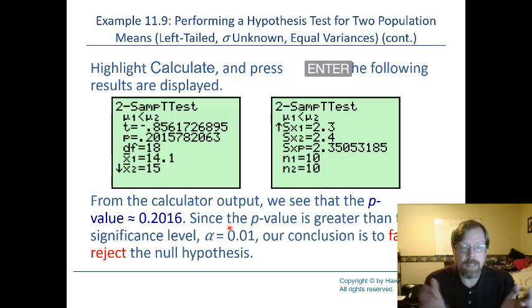So again, it's essentially the same calculation we've done, or very similar calculations to everything we've done before. It's a little bit more complicated in that we've got the pooled and not pooled variance versions of it. The pooled variance is really the new and different part, but very similar conceptually.